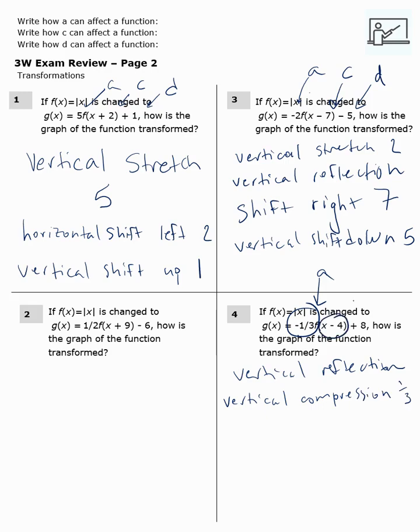Since I have a -4 right here for my C, that tells me that it's going to be a shift in the right direction because everything is opposite of what makes sense when you're in those parentheses. So it's going to shift right 4, and this 8 here tells me that it is going to shift up 8.